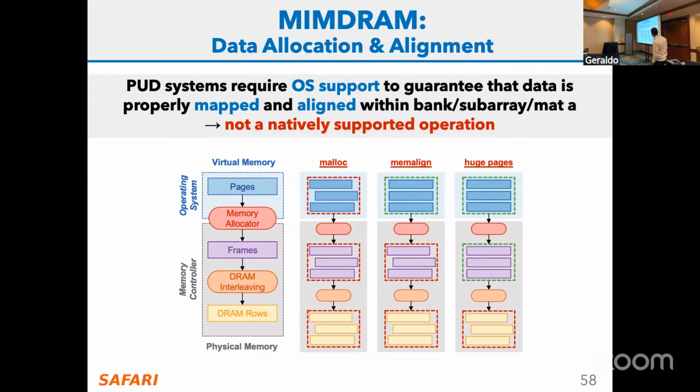But since there is still some interleaving that the physical frames go through until they reach DRAM, there is no guarantee that the physical frames are going to be contiguous and properly aligned inside the DRAM subarray. So none of the allocators available in the operating system can guarantee that your data is going to be nicely aligned so you can do the process using DRAM operations.